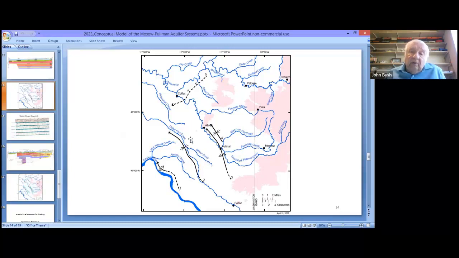The unfortunate part is that out here in these areas, we don't have any production wells. So we have to look at the data on the folds that may also be helping to cause the water to move to the northwest. And this diagram illustrates identified folds, particularly the Pullman anticline here, which is very well proven.